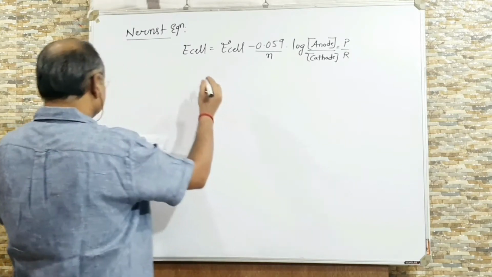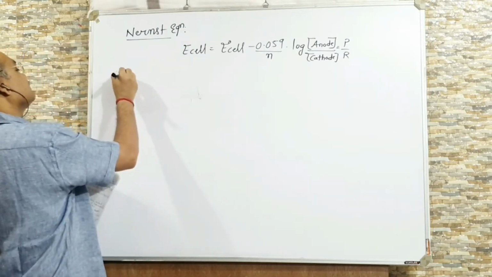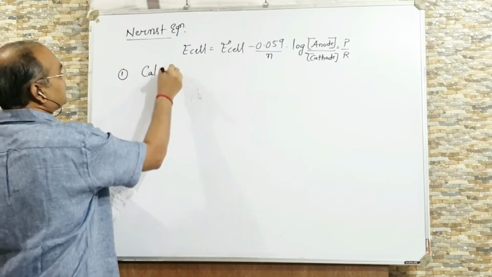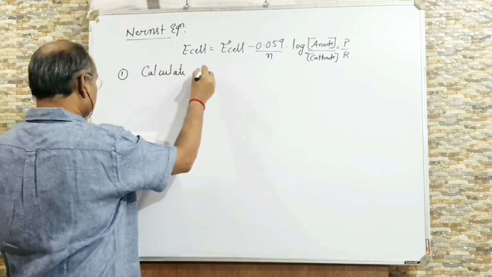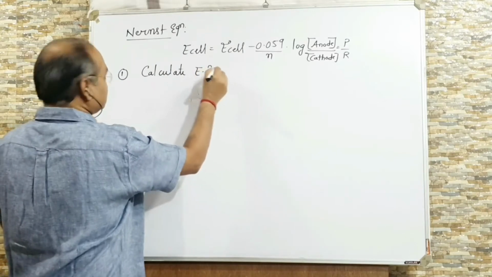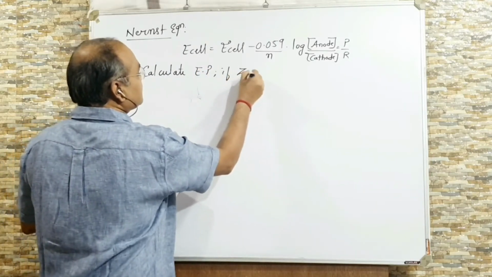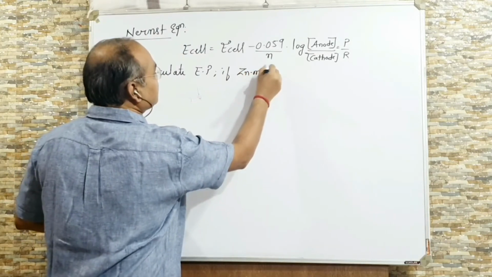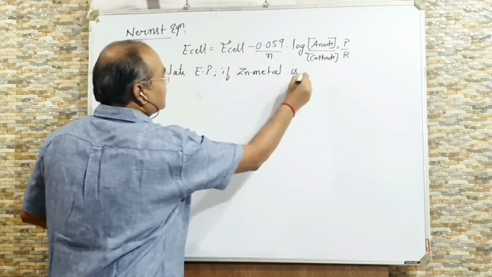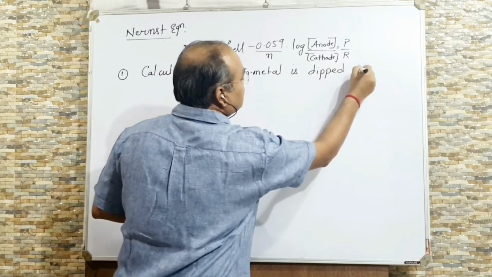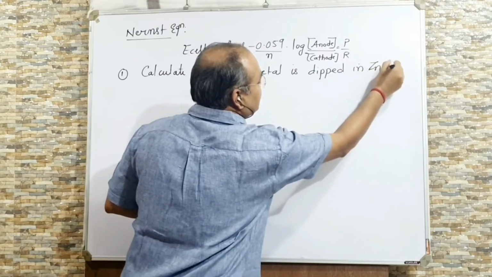The first one is: calculate electrode potential if zinc metal is dipped in ZnSO4 solution.